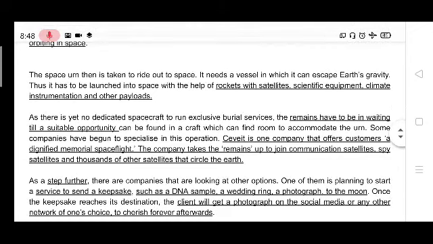And then these urns are put in a rocket with satellites, and as there are no dedicated satellites only for this service, they are fitted in the rockets with the satellites which are going into space for other purposes.